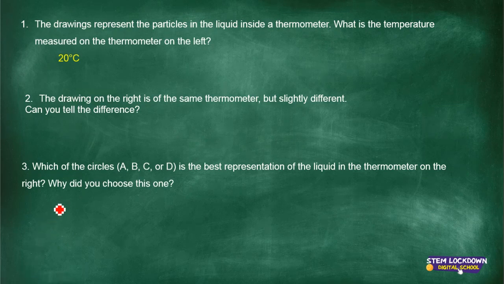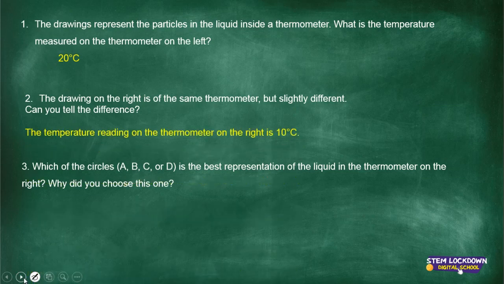Then the next question: the thermometer on the right was slightly different, and the temperature reading of that thermometer was 10 degrees Celsius. Now the question that I asked you: which of the circles, A, B, C, or D, is the best representation of the liquid in the thermometer on the right? And why did you choose that one?